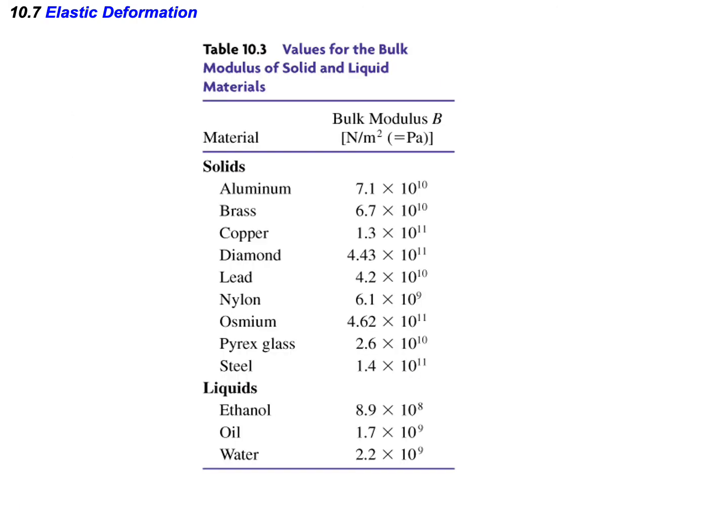This table shows the bulk modulus values for aluminum, liquids, and a couple of other materials like nickel and nylon. So it's a small value. It's easy to change the volume with a smaller force compared to something like copper or diamond. Diamond is even harder.